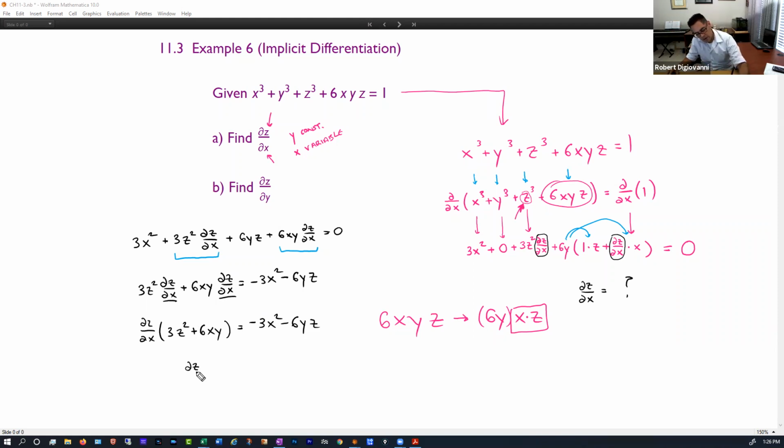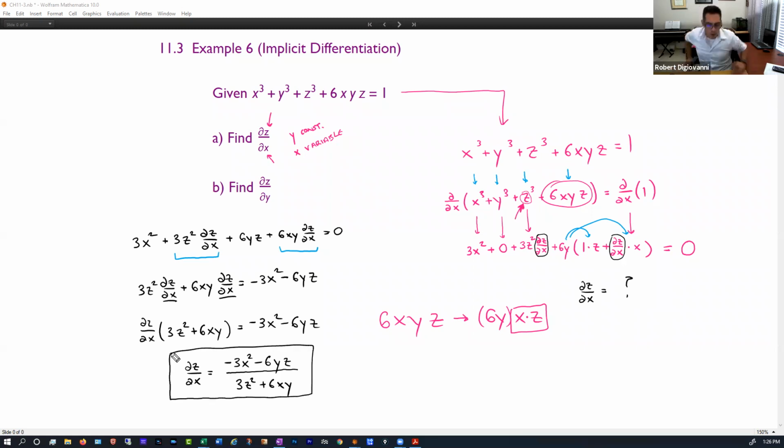And I will have an expression for partial of z with respect to x. Okay, so there we go.